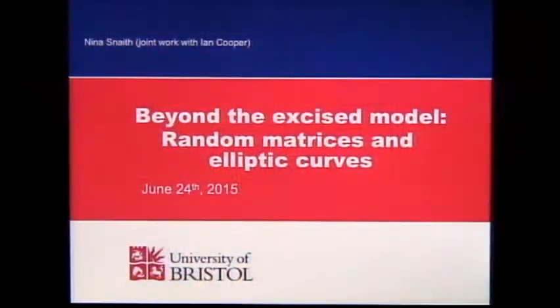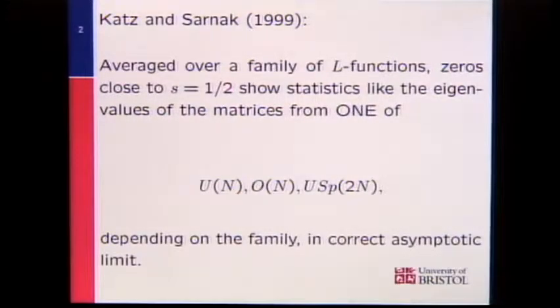So we're going to be talking about elliptic curves, and the reason that we can use random matrix theory to say something about elliptic curves is due to Katz and Sarnak. As we've heard already this week, Katz and Sarnak say that if you take a family of L functions, some naturally associated collection of L functions, each one of them will have a Riemann hypothesis, so it'll have zeros on a vertical line in the complex plane.